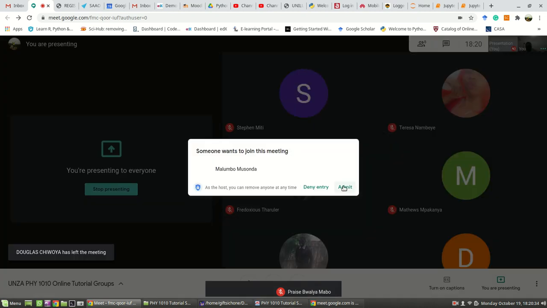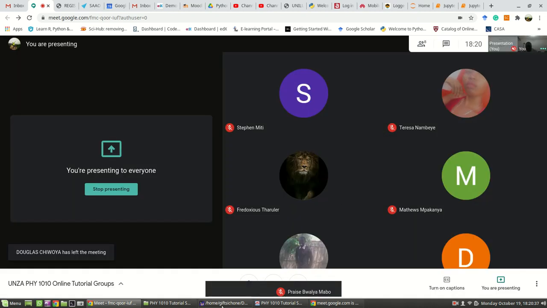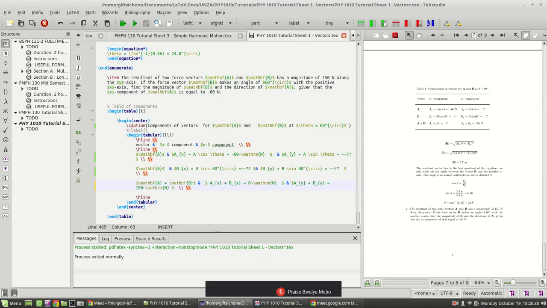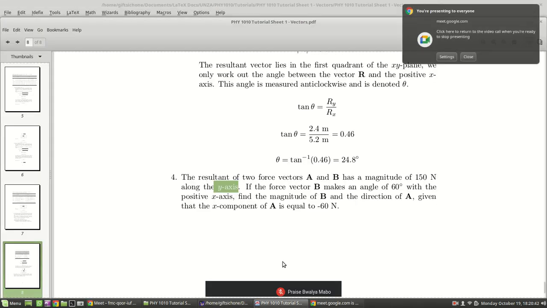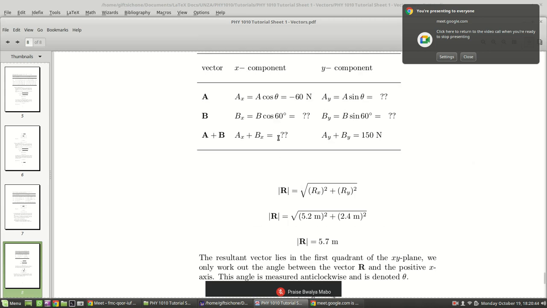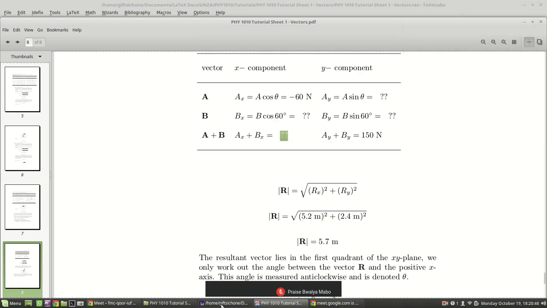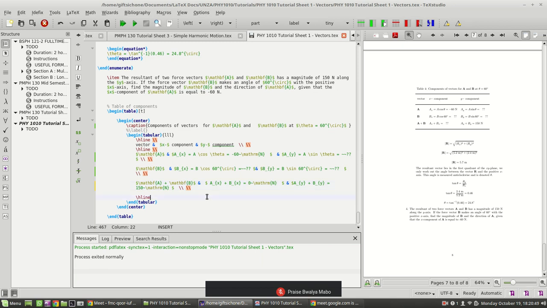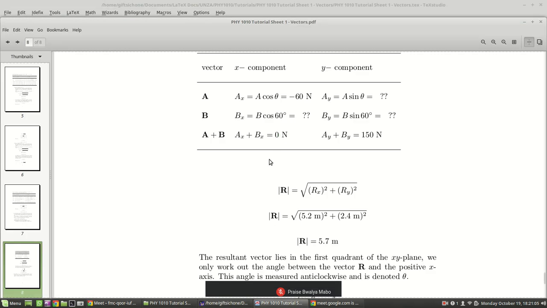Yes, Ax plus Bx should be equal to 0, and that's the last piece of information we need to actually solve this problem. So this bit, which was a question mark here, because A plus B lies along the y-axis, then Ax plus Bx has to be equal to 0. Is this clear?